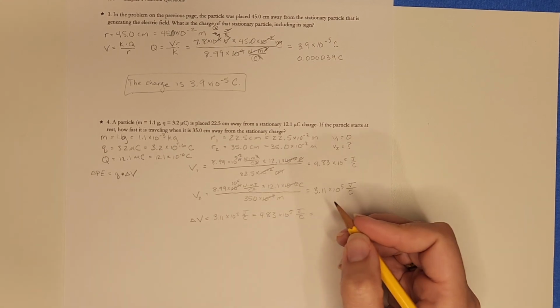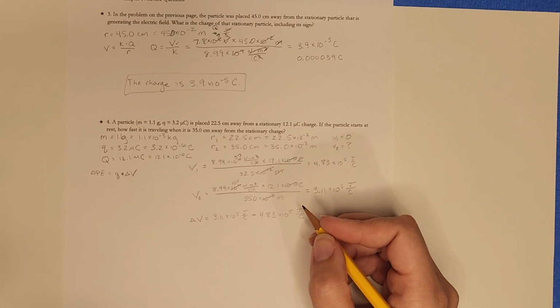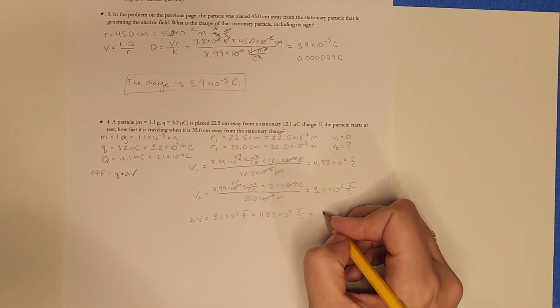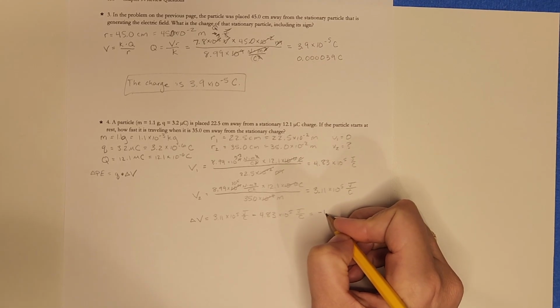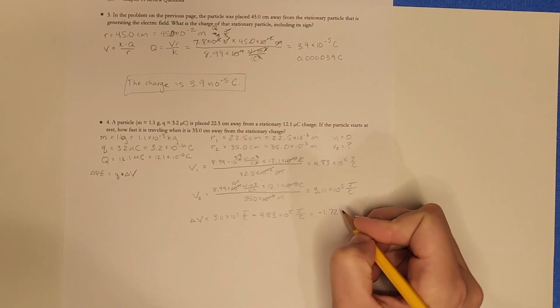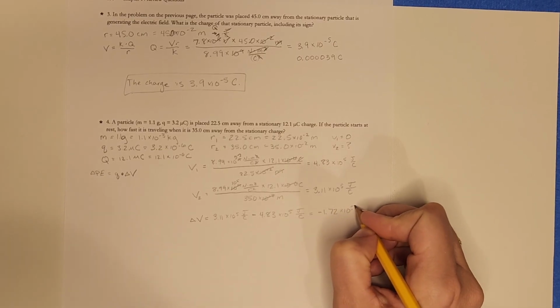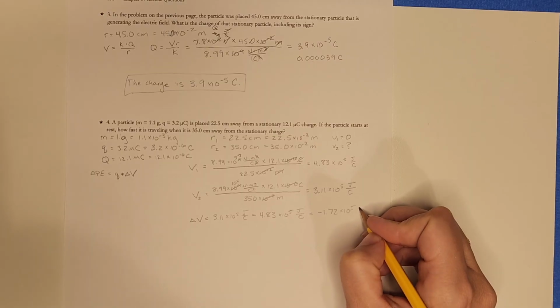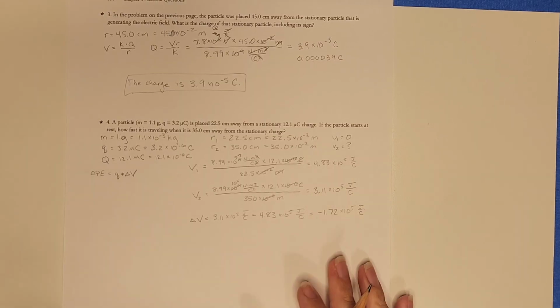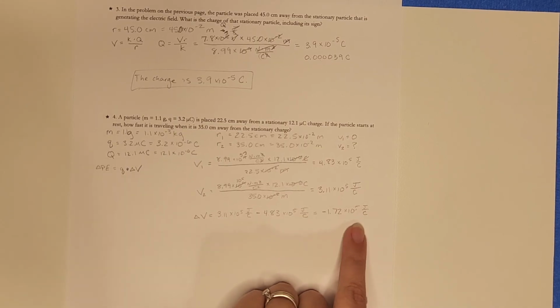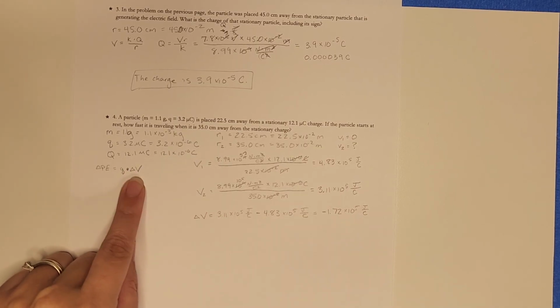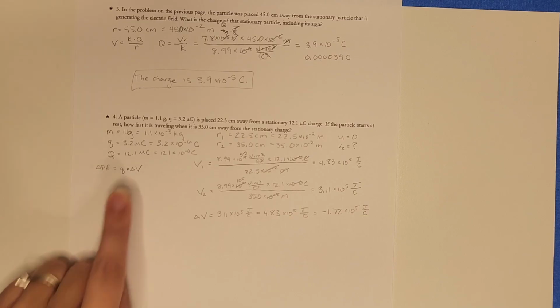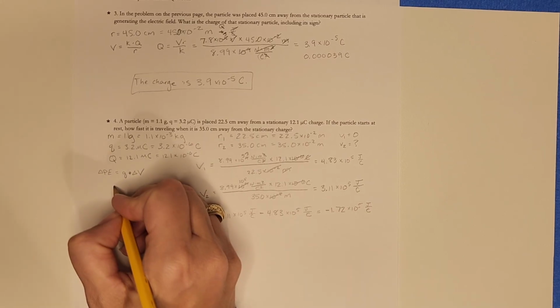And we will get a negative 1.72 times 10 to the 5th joules per coulomb. Okay. So now we have our change in electric potential, and we can insert into this equation to determine the potential energy.